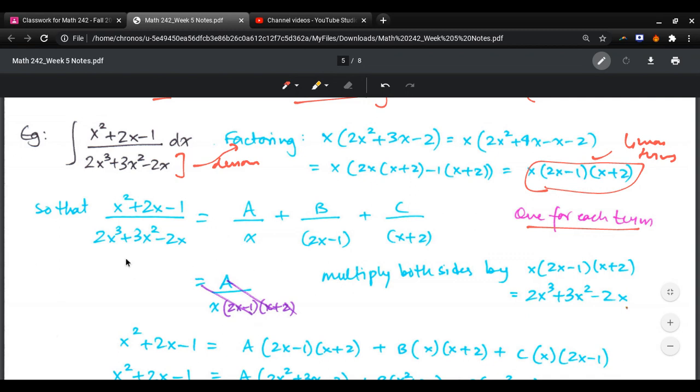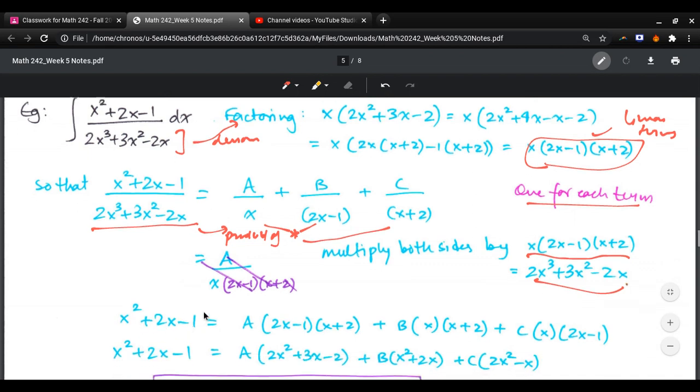Now, because the denominator is just a product of these terms, you can multiply both sides by this product and get rid of the denominators, and you end up with x squared plus 2x minus 1 on the left side.